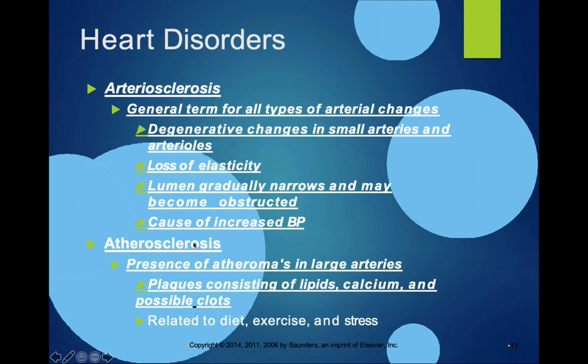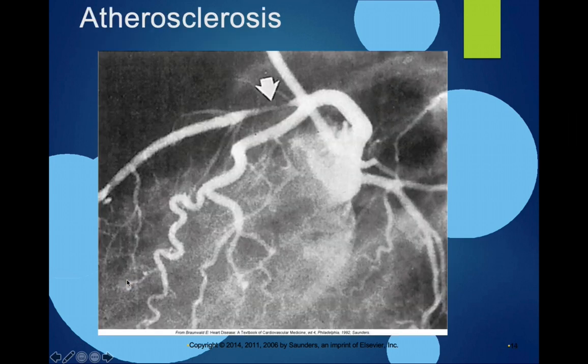Now, atherosclerosis is the presence of an atheroma in large arteries. These plaques consist of lipids, calcium, and possibly clots as well. And I'm going to show you the process of atherosclerosis.